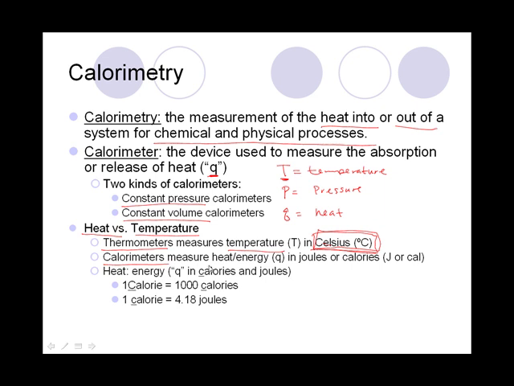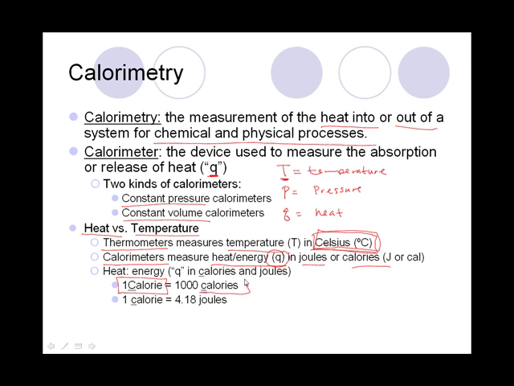Calorimeters measure heat or energy, again Q, in either joules or calories. We're not going to use the big C Calorie so much, but you should be able to convert big C Calories to little c calories.